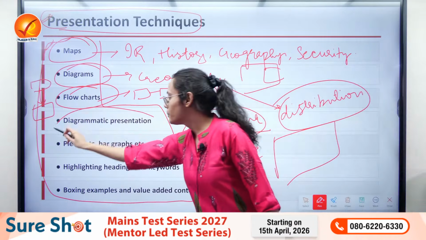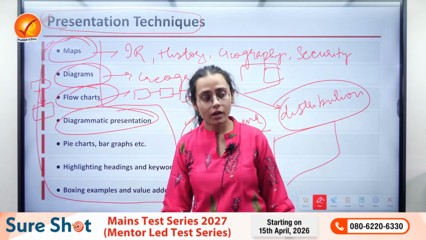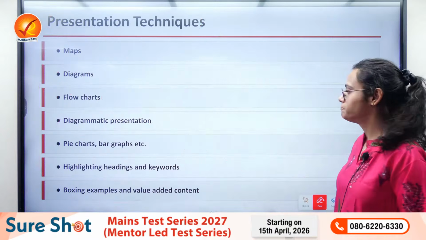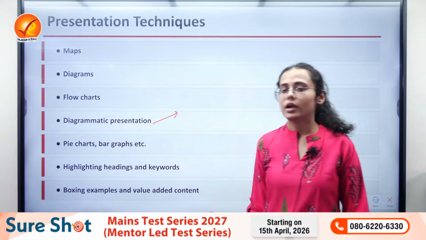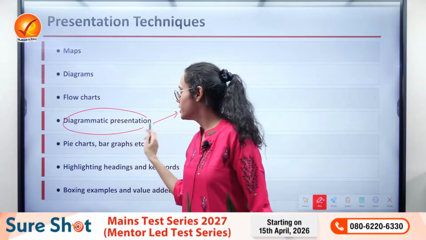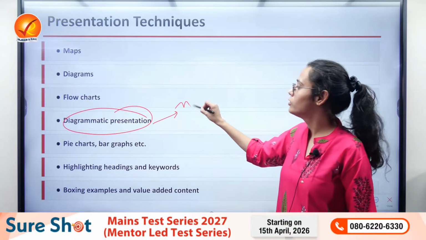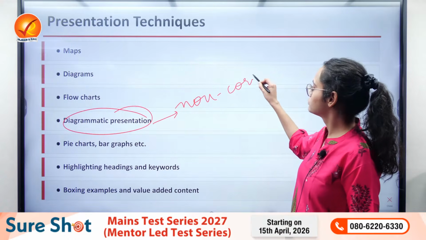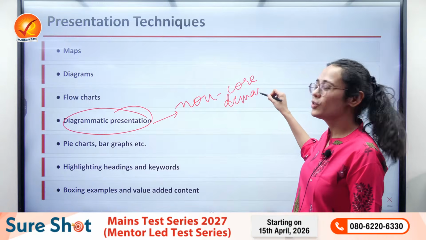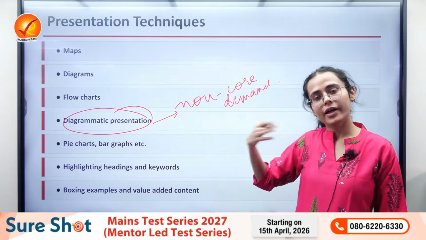Then diagrammatic presentation. How I used to do it was, I explicitly used it in the non-core demand of the question to break the monotony, for me and for the examiner as well.